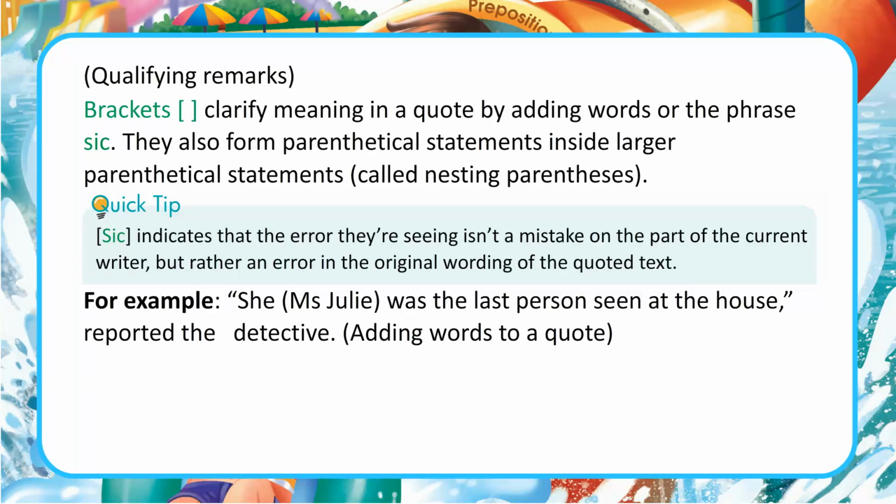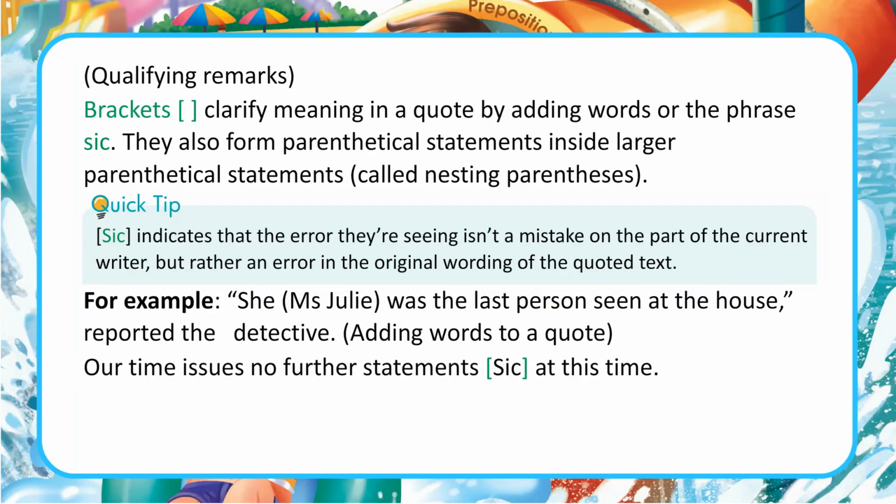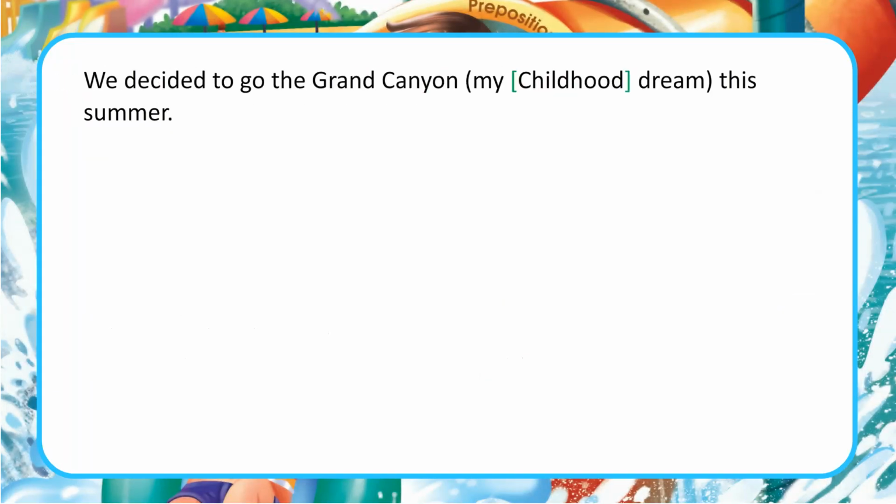For example, 'She [Miss Julie] was the last person seen at the house,' reported the detective, adding words to a quote. 'Our team issues no further statements [sic].' We decided to go to the Grand Canyon (my childhood dream) this summer.